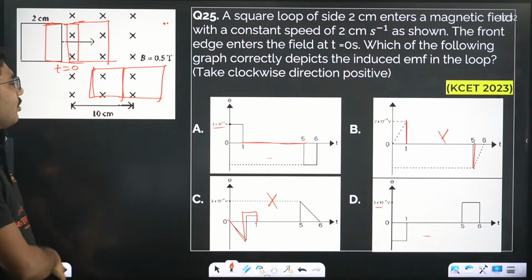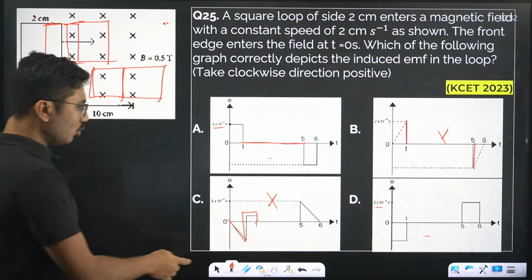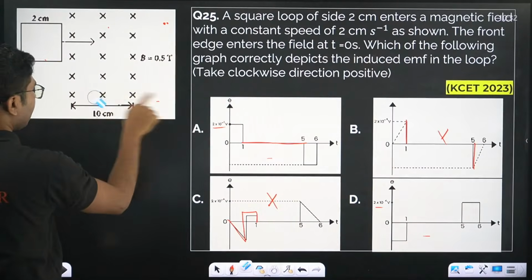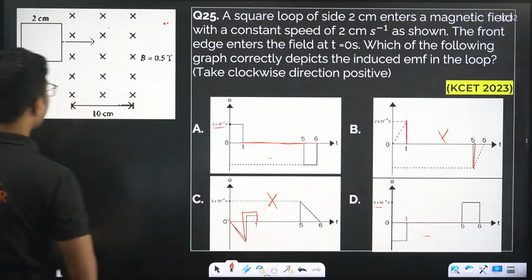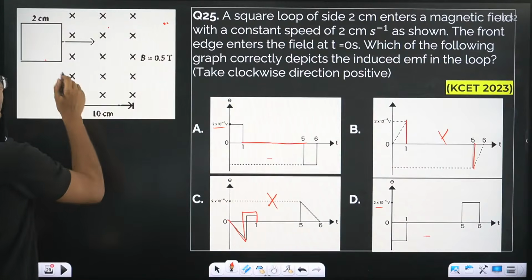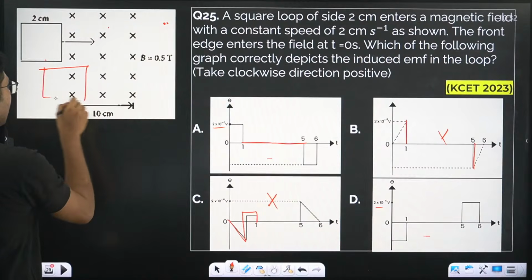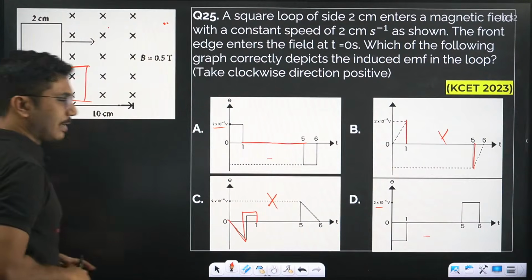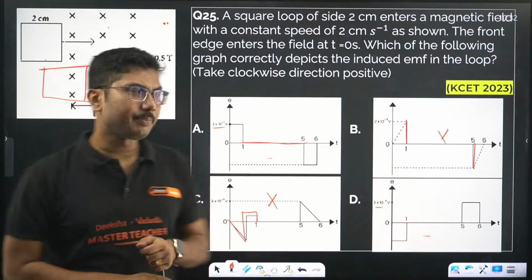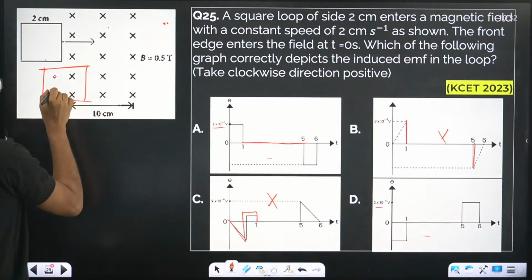Now when the loop is going inside the magnetic field, the magnetic field is into the page, and the induced EMF will try to oppose this into-the-page magnetic field. So it will produce a magnetic field out of the page. The magnetic field due to this loop will be out of the page.